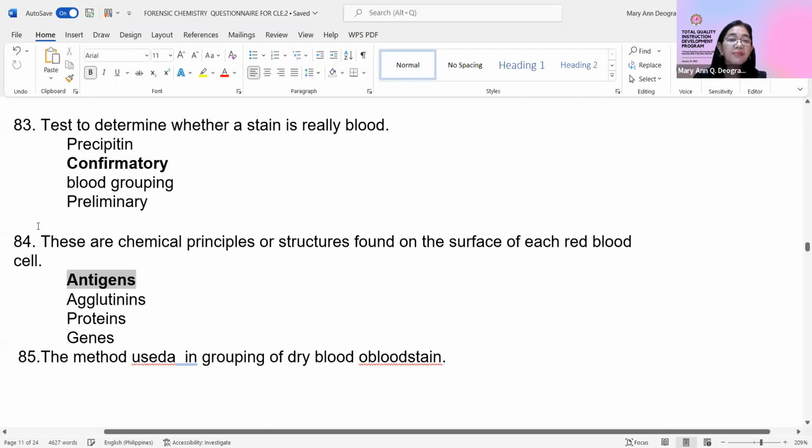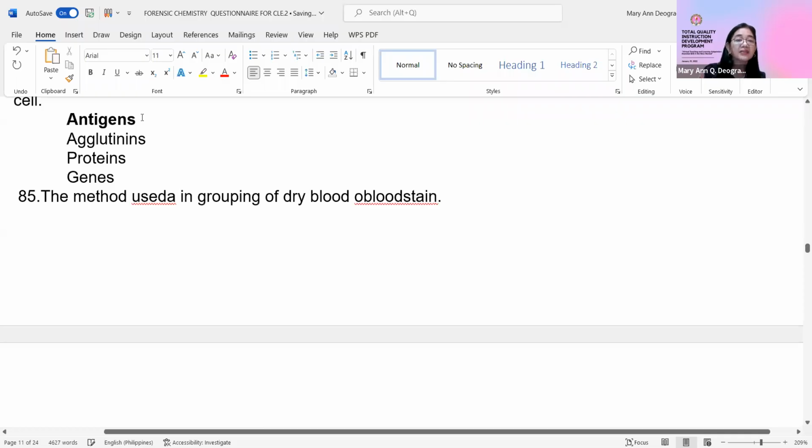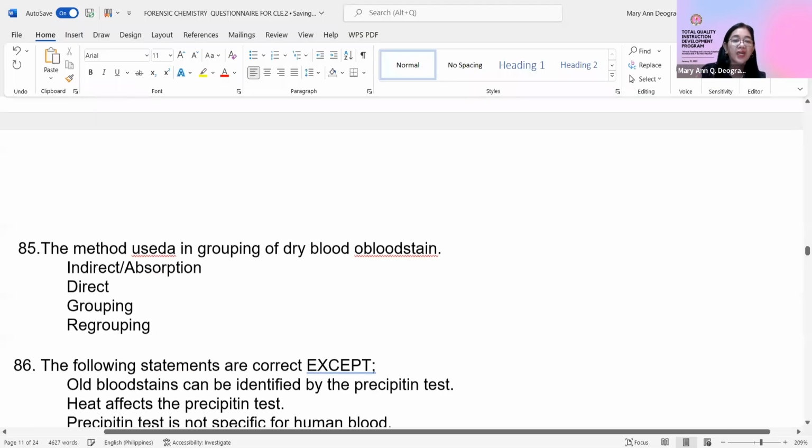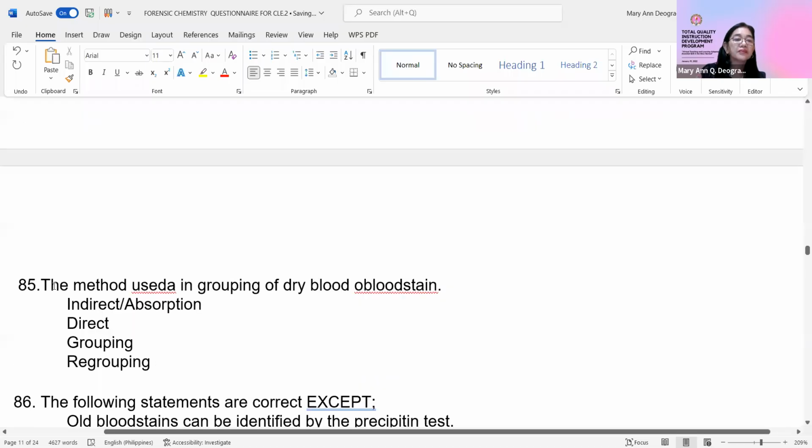All right. The best method used in grouping of dry blood stain or in blood stain.